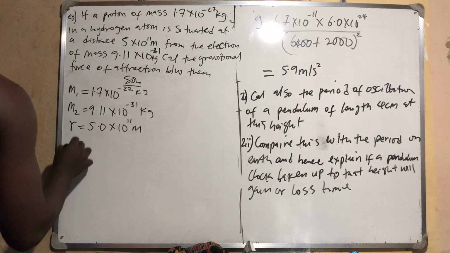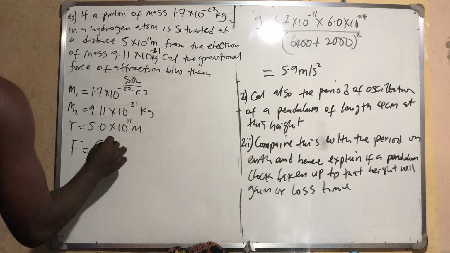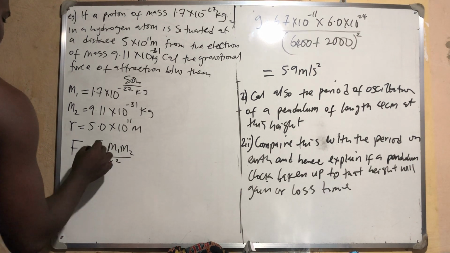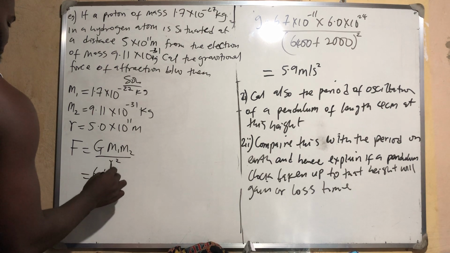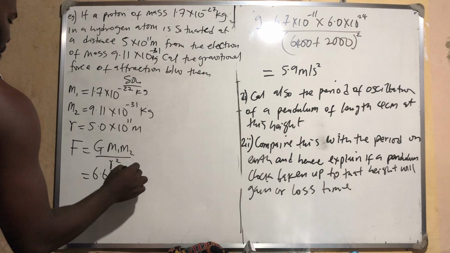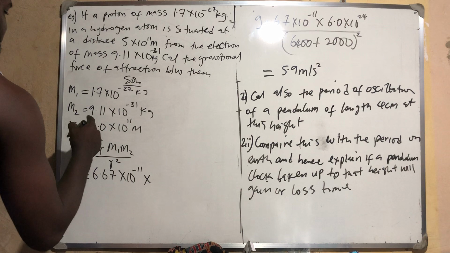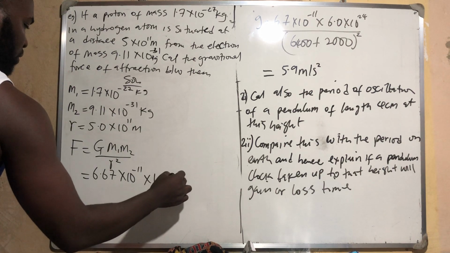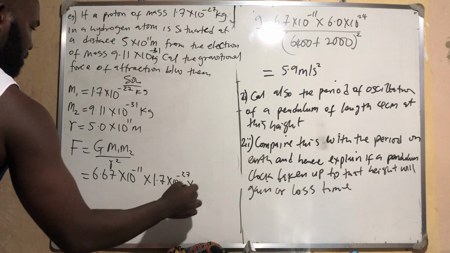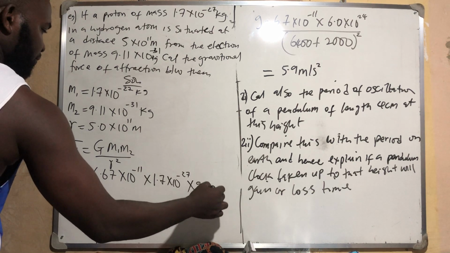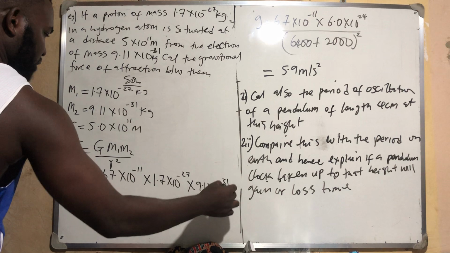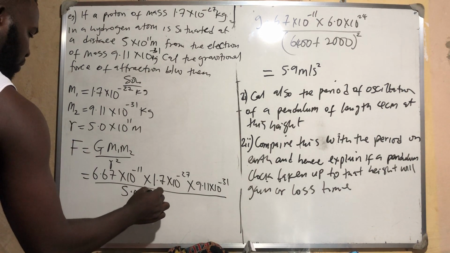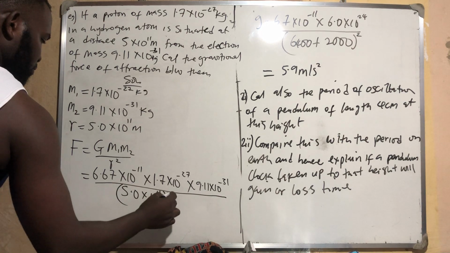So I know that the force F is equal to G m1 m2 over R squared. Your G is always 6.67 or 6.7 times 10 raised to power minus 11, times my first mass, 1.7 times 10 raised to power minus 27, times the next one, 9.11 times 10 raised to power minus 31, divided by 5.0 times 10 raised to power 11 all squared.